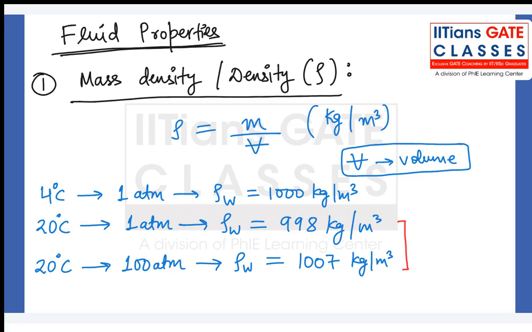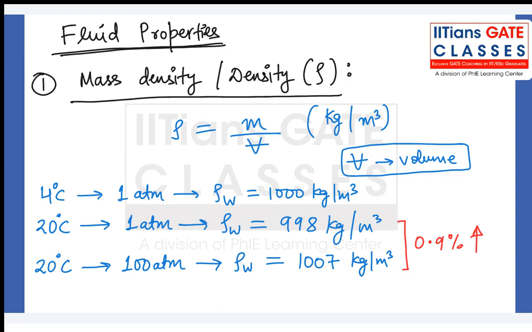What will be the percentage? It's not a very difficult calculation. 0.9. Okay, nice. So we will see a 0.9% increase in density when pressure has increased 100 times.